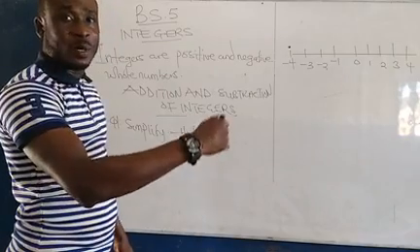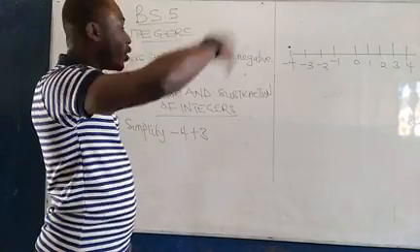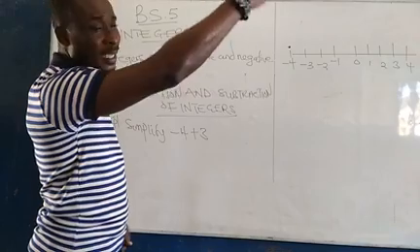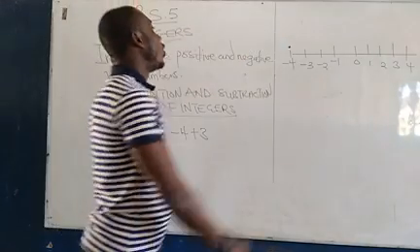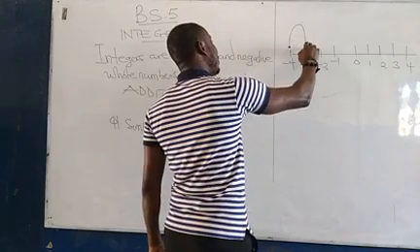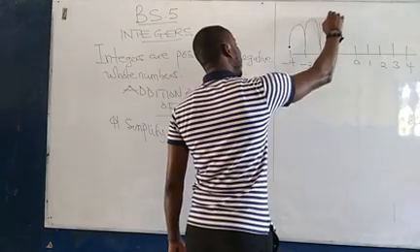No. First, locate yourself on negative 4. After locating yourself on negative 4, you move 3 times to your right. So, move 3 times from here to here. 1, 2, 3.